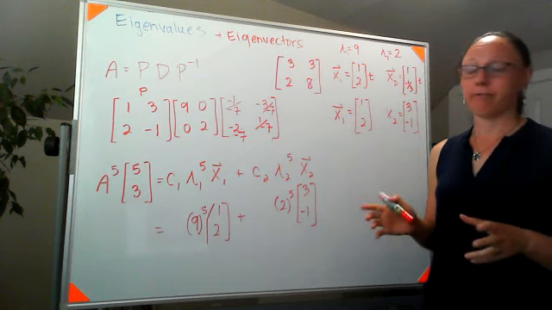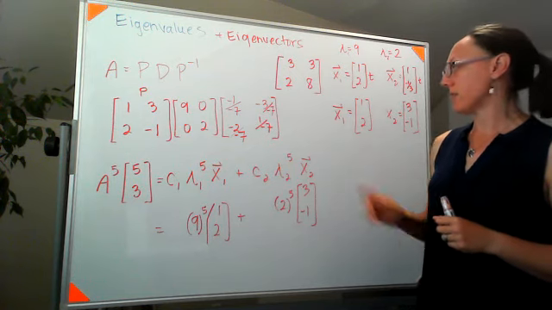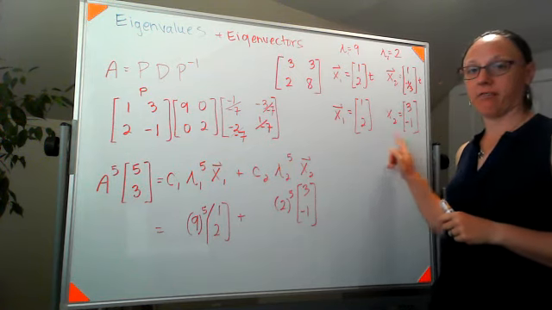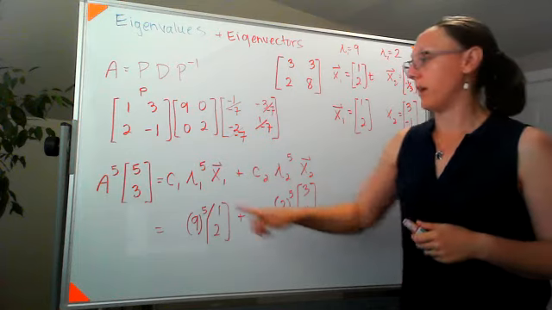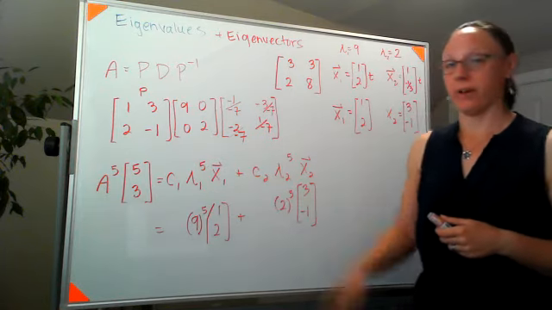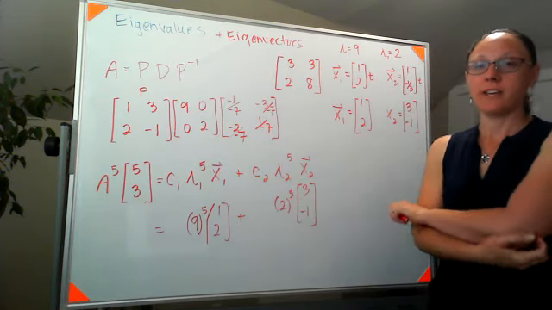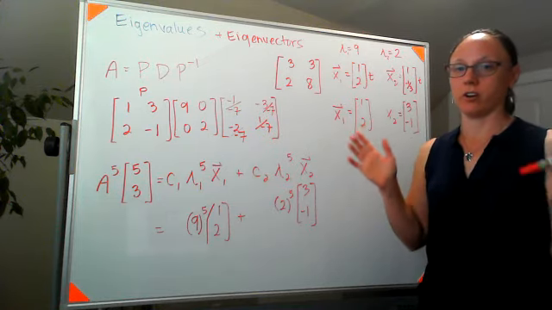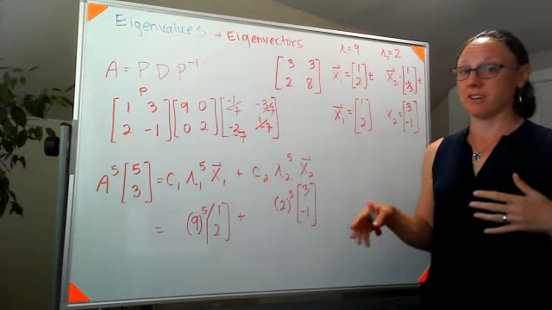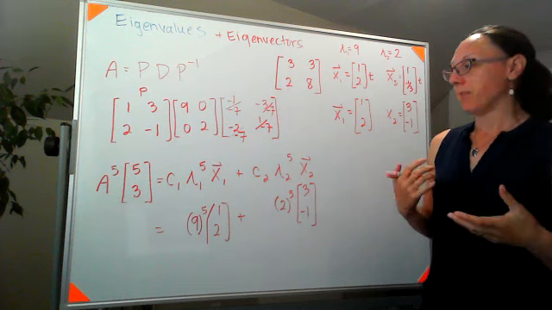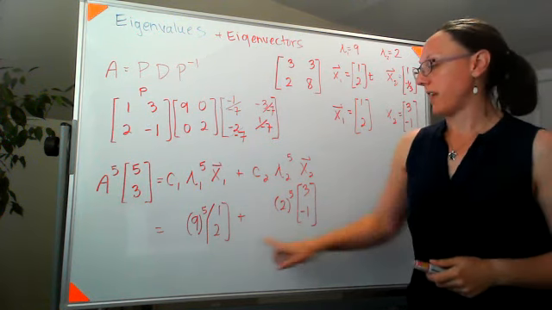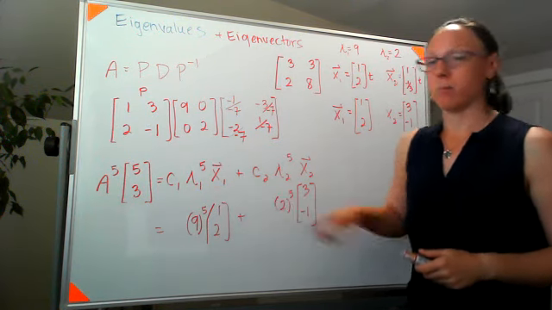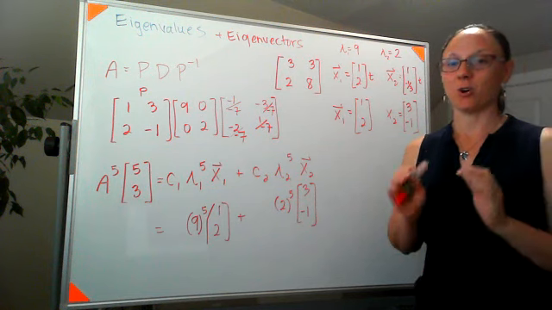So your choice of these eigenvectors will determine what values you end up with for C1 and C2. So if you're working through textbook problems, or you're trying to follow one of the practice problems, if you don't choose the same eigenvectors, you won't get the same constants, but you'll still be correct.